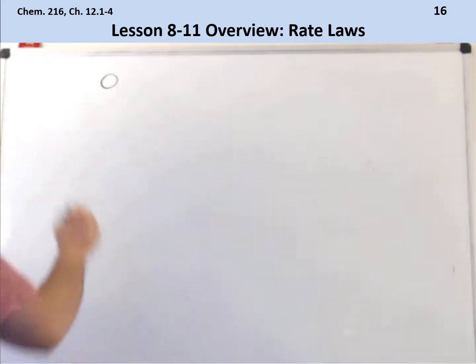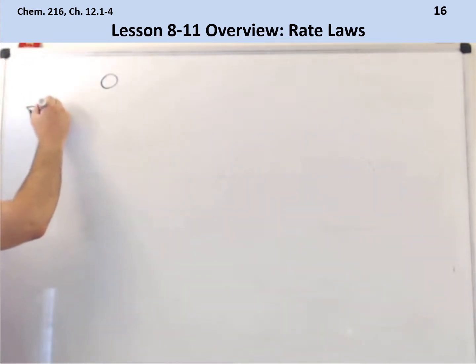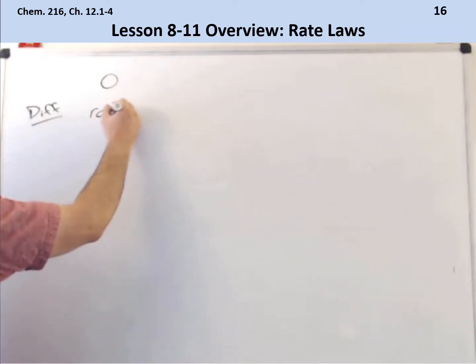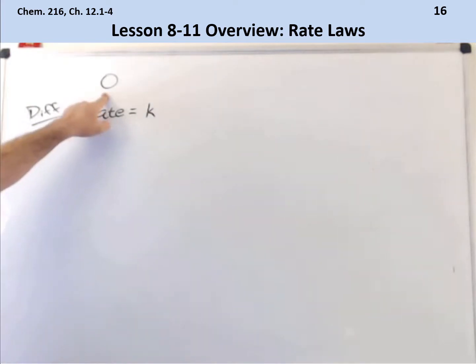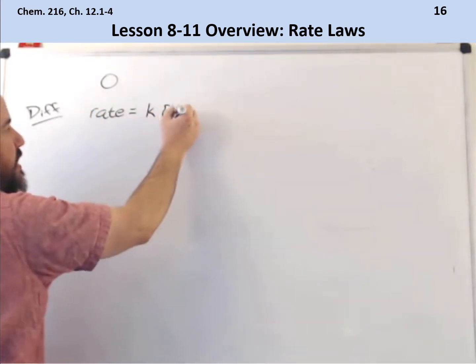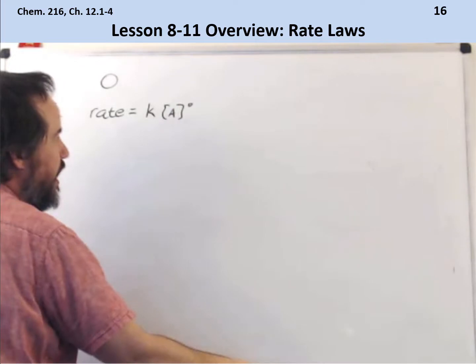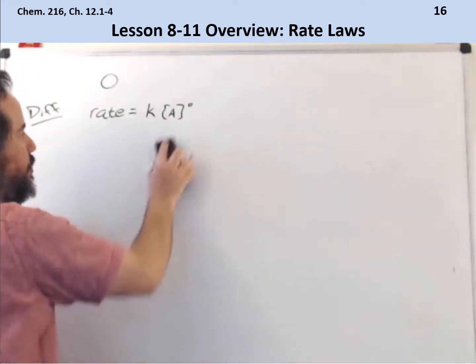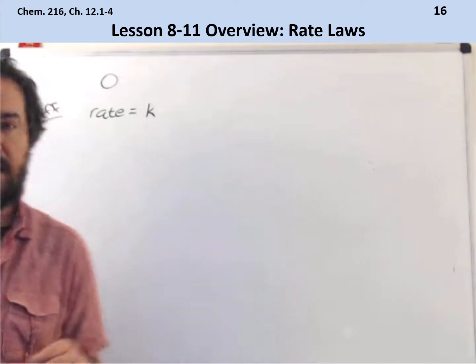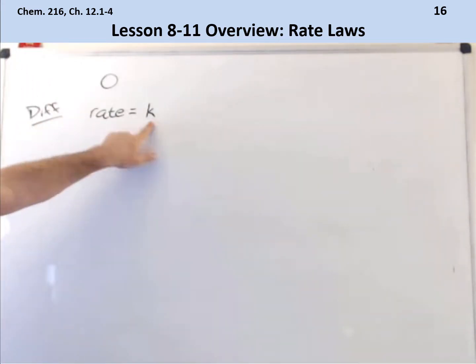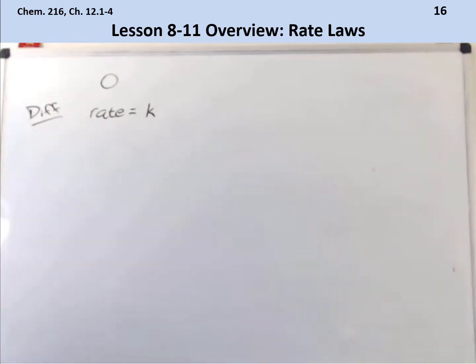Zero order: for our differential equation, we have that rate equals k. It's actually k[A]^0, but because it's A to the 0, we don't even include it. That's the differential rate law; it relates rate to concentrations.